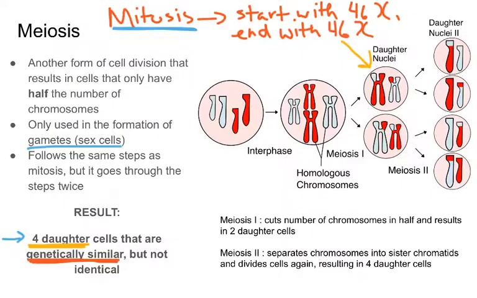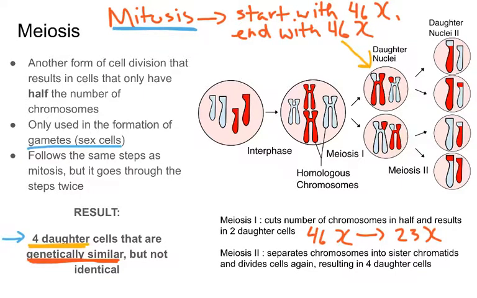We see that the end result here is that in meiosis 1, we go from 46 chromosomes to 23 chromosomes.